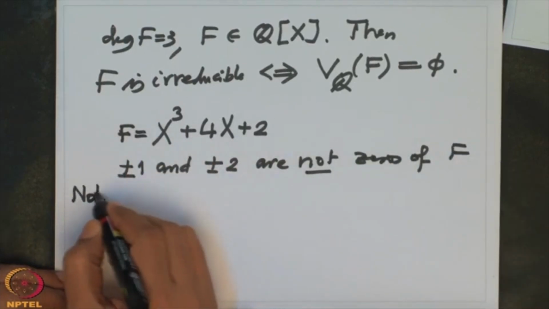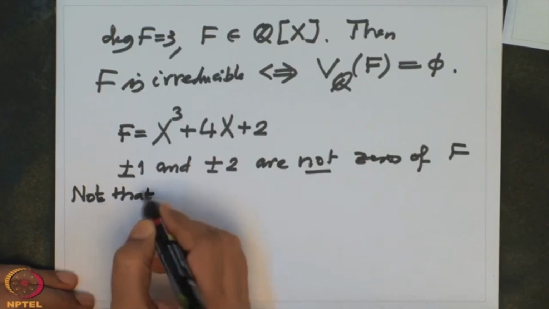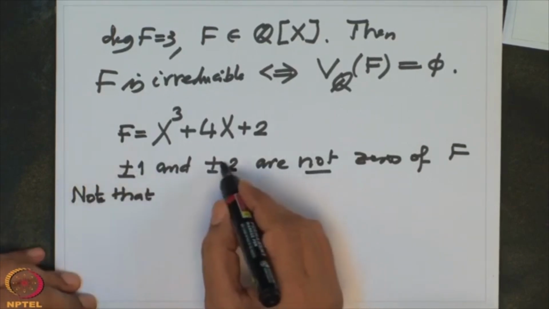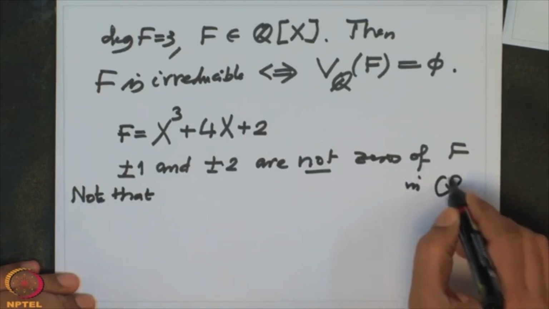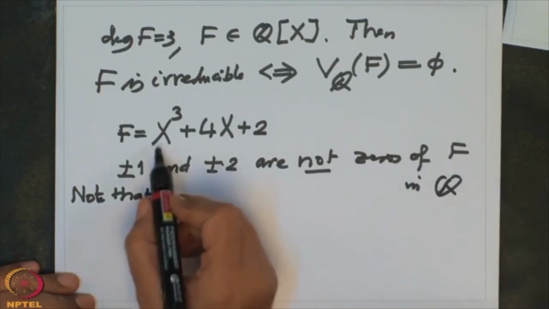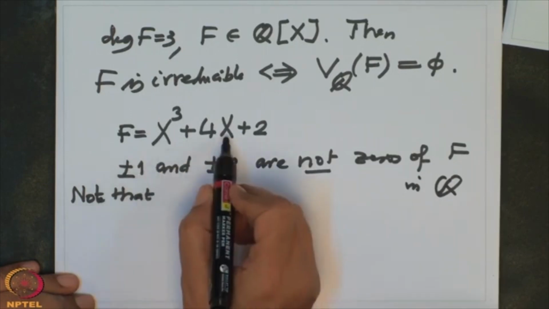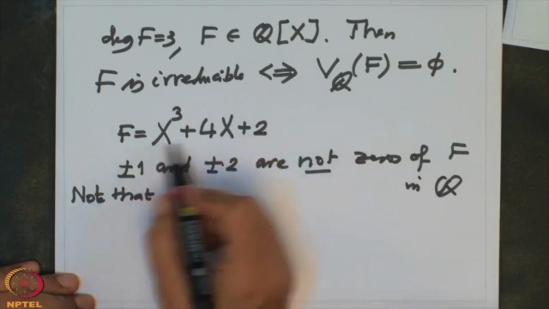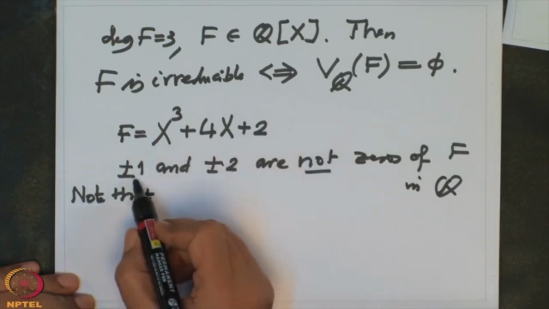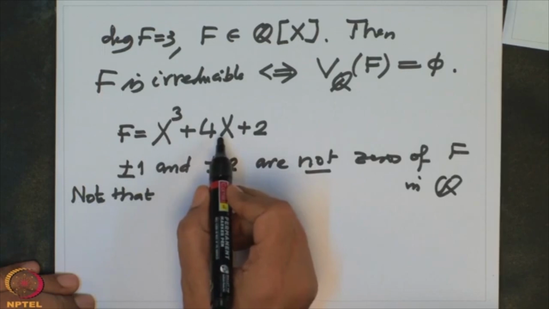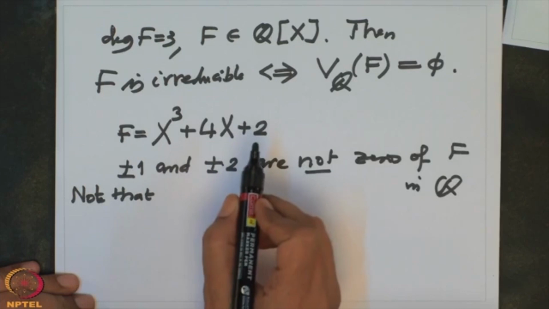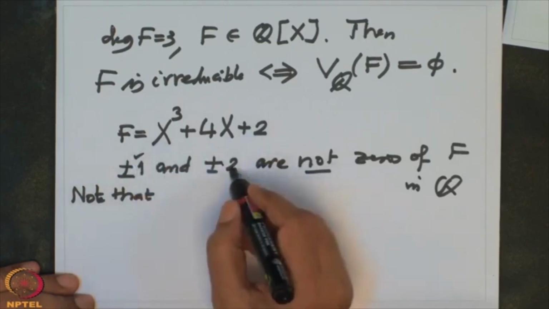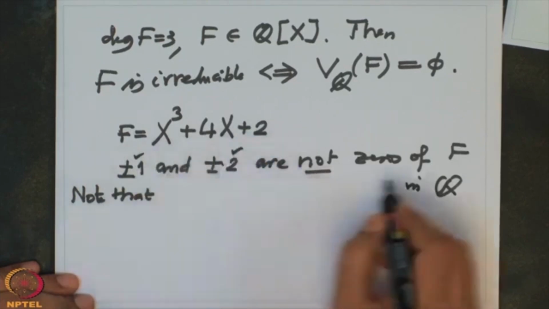Note that plus 1, minus 1, plus 2, minus 2, they are not zeros of f in Q. Let us test that. I just have to plug in x equal to 1, then this is 1 plus 4 plus 2, so a positive value will not work clearly. If I put minus 1, this is minus 1, minus 4, that is minus 5, plus 2 is minus 3, which is not 0. So this we have checked. Similarly, we check that plugging in the others does not give a 0.